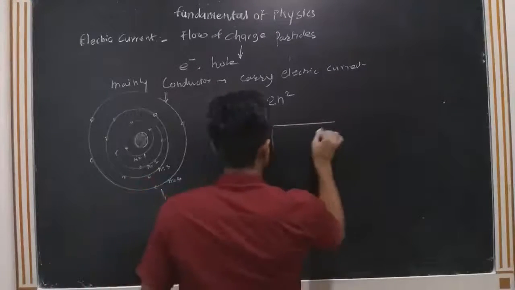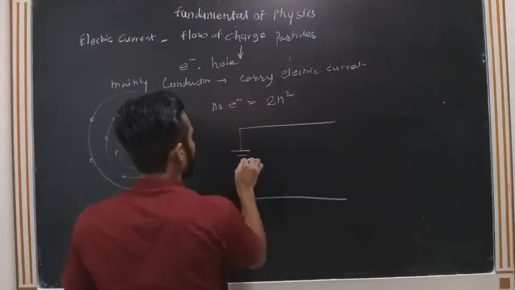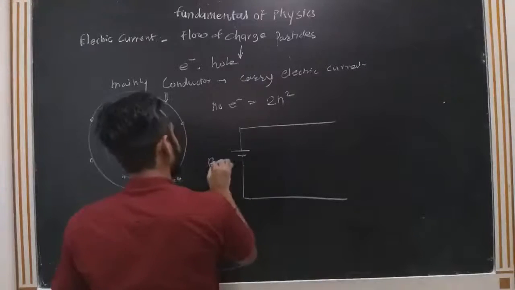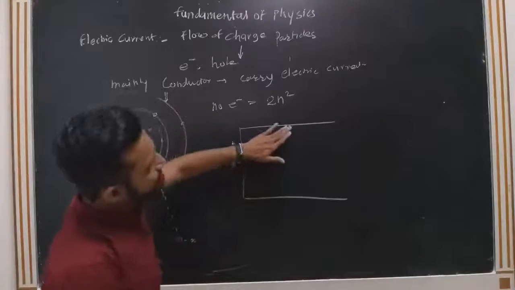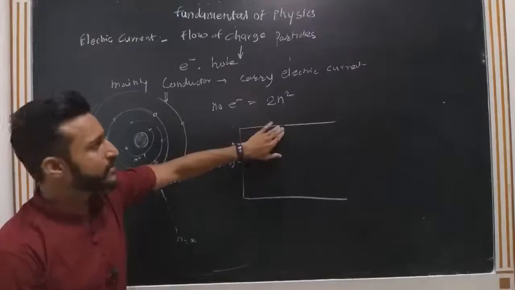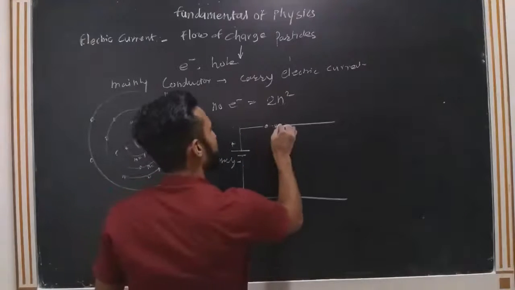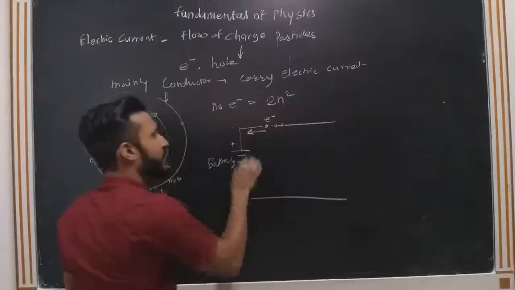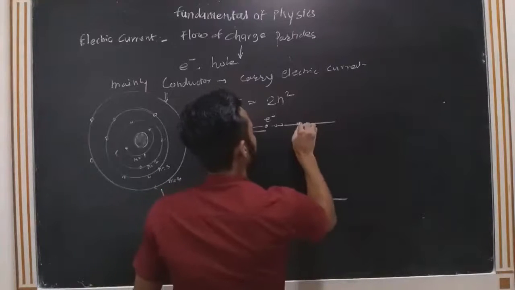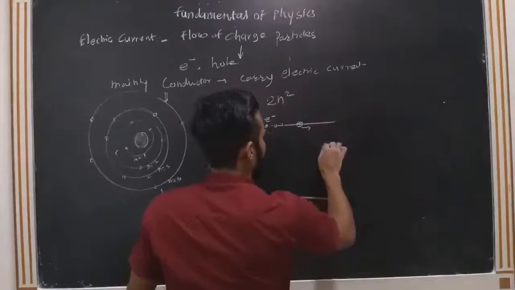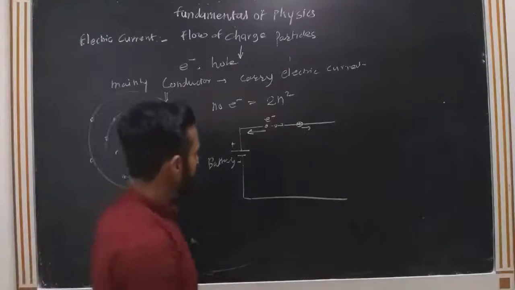For example, if we consider a conducting wire and apply a potential difference or battery, with a positive terminal and a negative terminal, all the free electrons in the conducting wire are attracted towards the positive terminal. So the electrons move towards the positive terminal and the holes move towards the negative terminal because like charges repel each other.